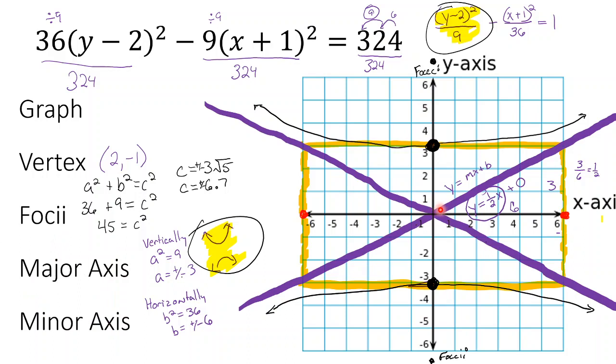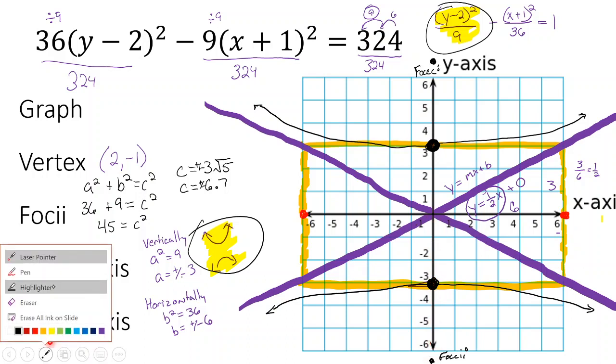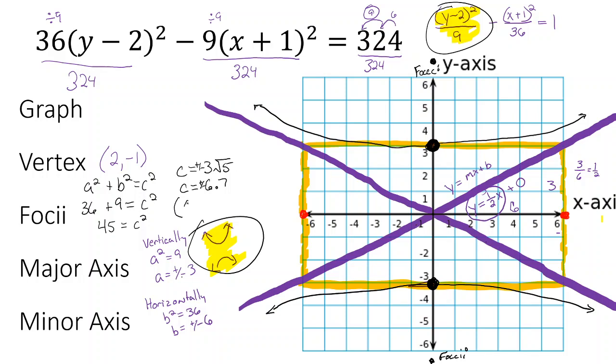I started at the center, and I go up 1, 2, 3, 4, 5, 6.7. Down 1, 2, 3, 4, 5, 6.7. So if I were to determine the coordinates, it's 0, and because it changes in the vertical, plus or minus 3 root 5. Okay.